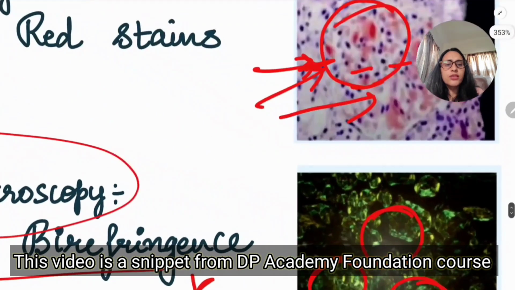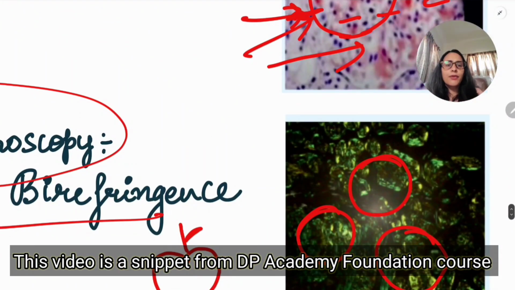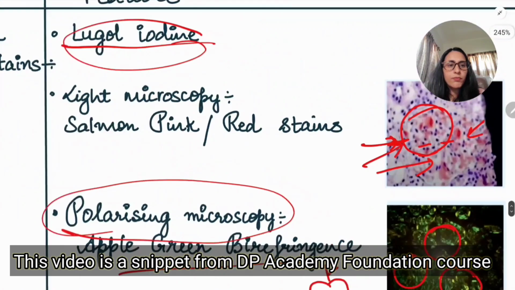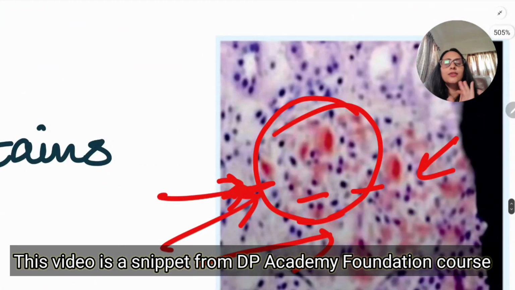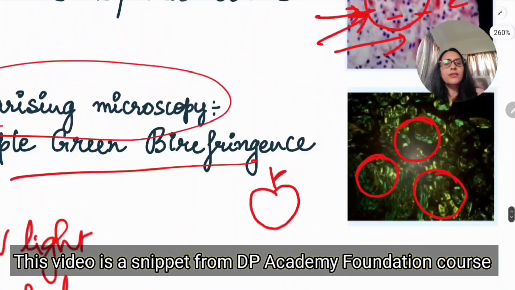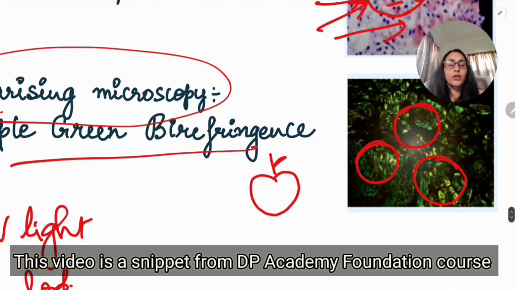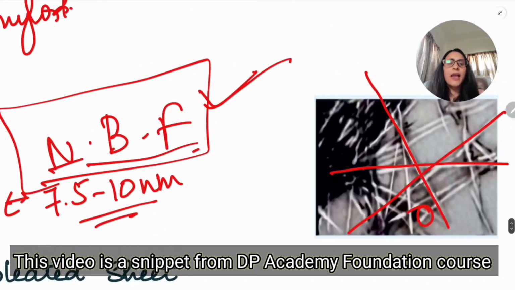And birefringence, if you see, is some kind of light coming. If you look at the picture, you can easily remember that it is apple green birefringence. And by looking at this picture, you can tell that this is a picture of polarizing microscope, or this is a black and white picture of the electron microscope.